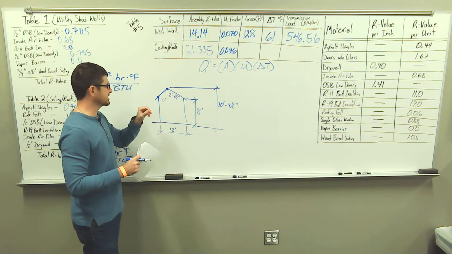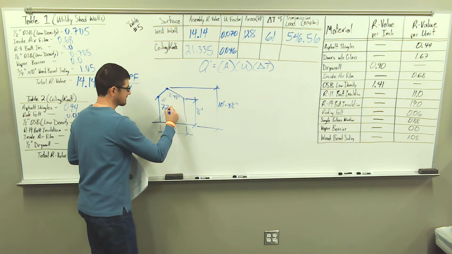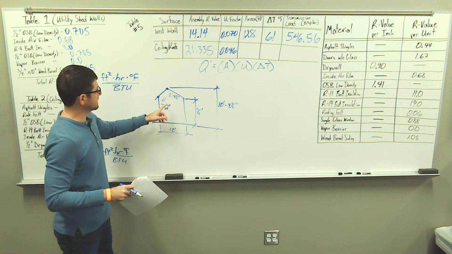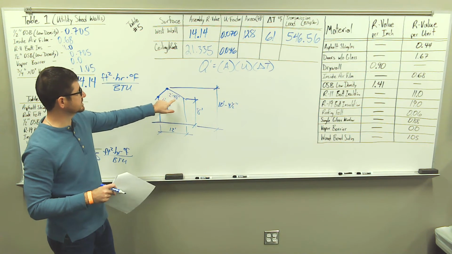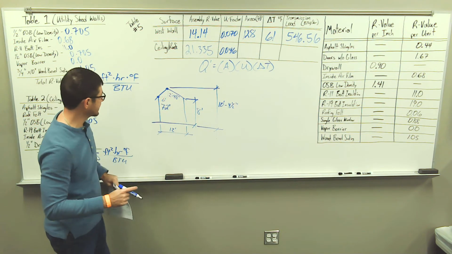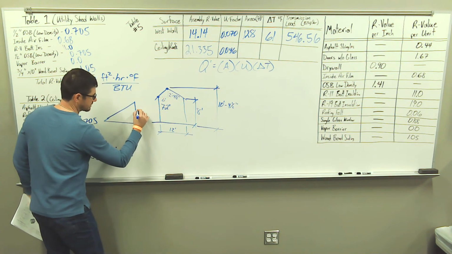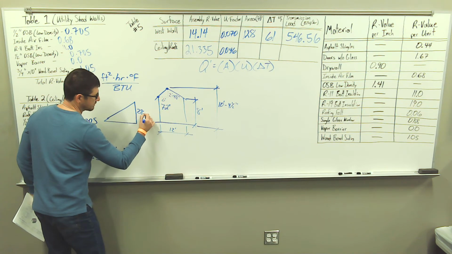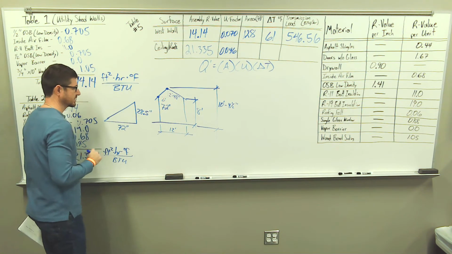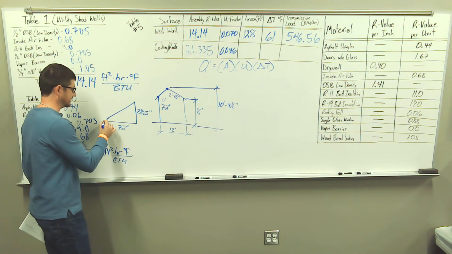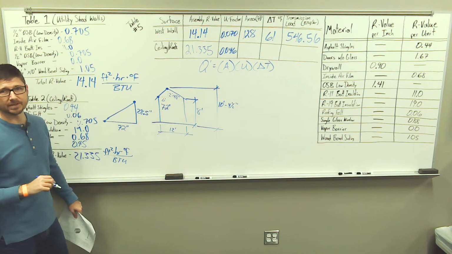So 6 feet is 72 inches. And then our height value, so 2 feet is 24 inches, so this is going to be 28.5 inches and 72 inches. So what we're going to do is calculate this hypotenuse value, and we're going to use the Pythagorean theorem.